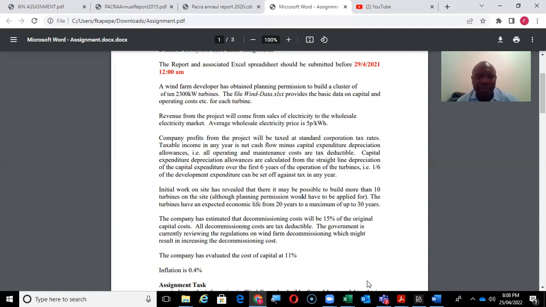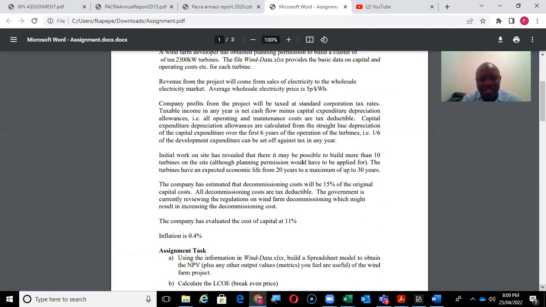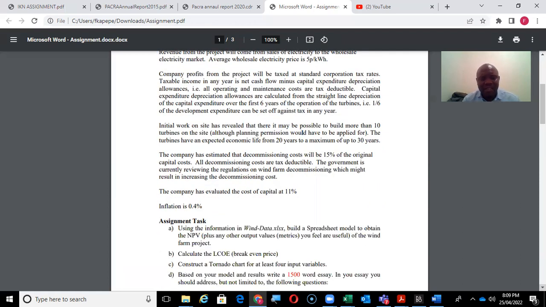The government is currently reviewing the regulations on wind farm decommissioning, which might result in increased decommissioning costs. The company has evaluated the cost of capital at 11%, inflation at 0.4%.